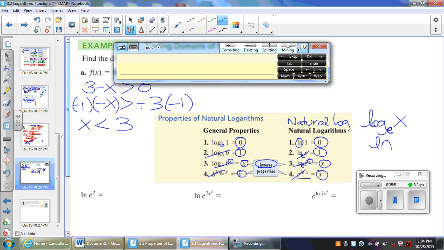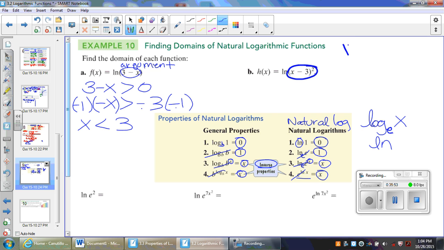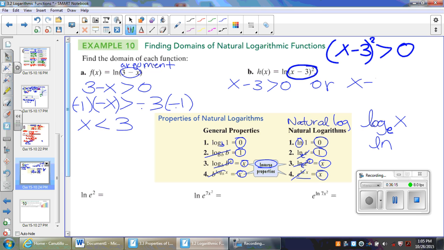And in this case, we will take x minus 3 squared must be greater than 0. So the way I'm going to solve that inequality is by taking this part and saying x minus 3 must be greater than 0, or x minus 3 must be less than 0.